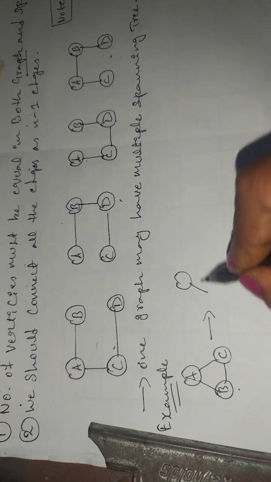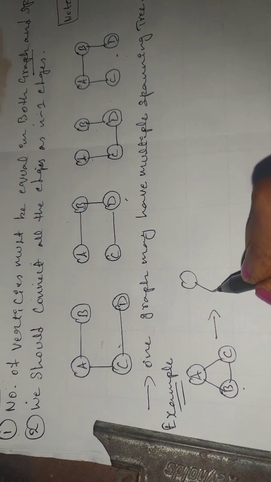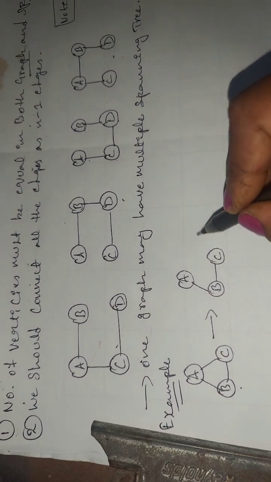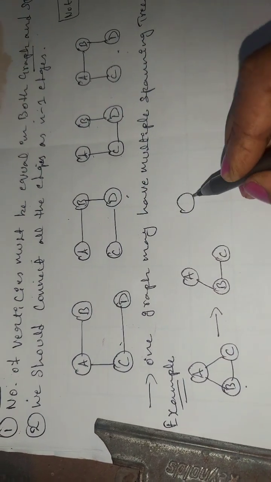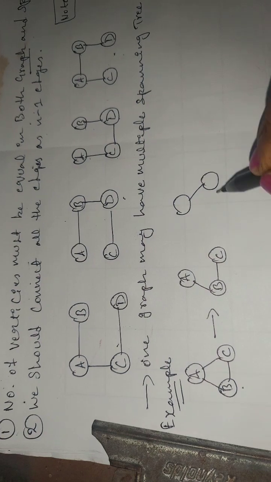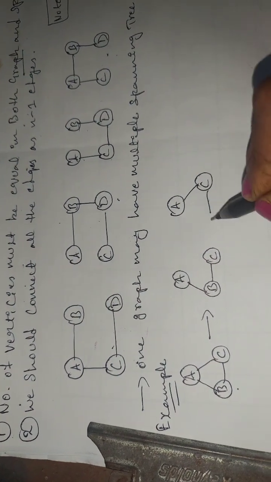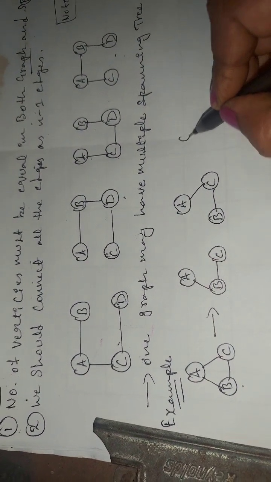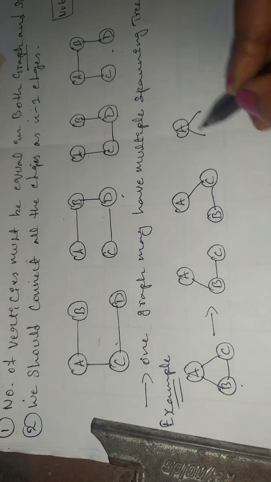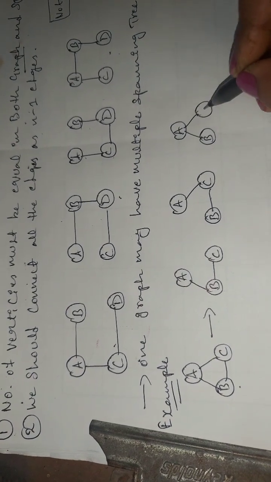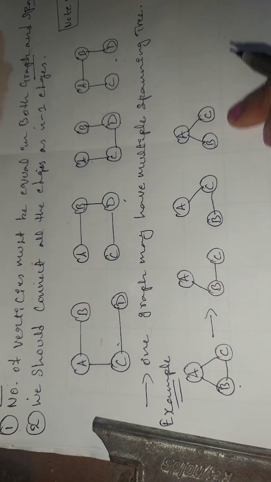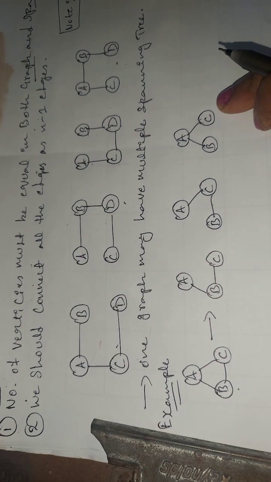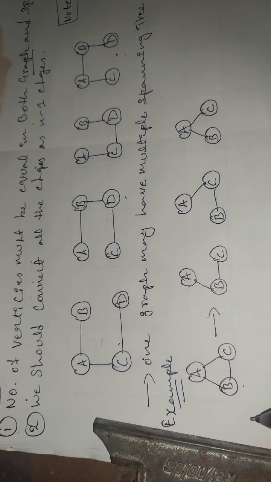See how many possible ways there are: A, B, C, and A, C, B, and A, B, C. So here there are 3 possible ways to create a spanning tree.